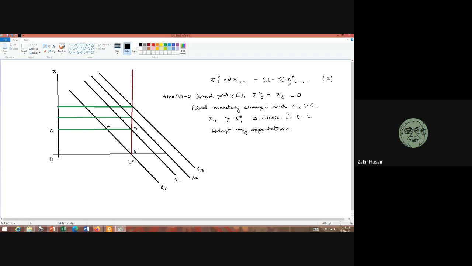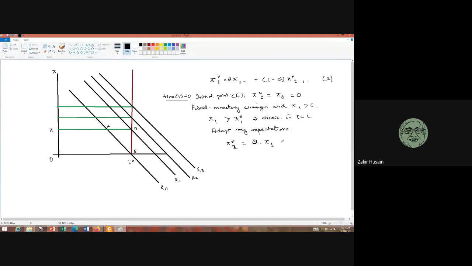So what is my new expectation? It's now based on pi 1, so theta into pi 1.